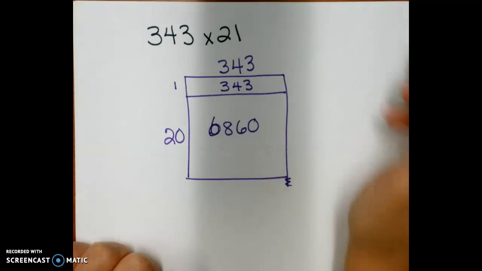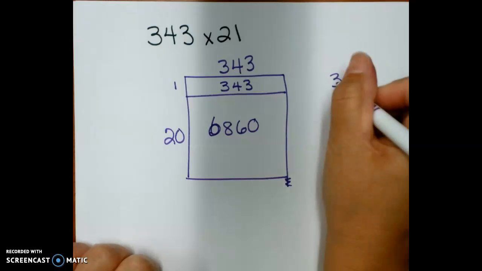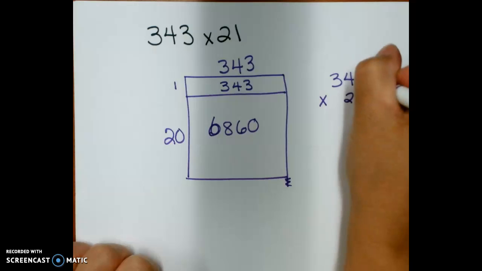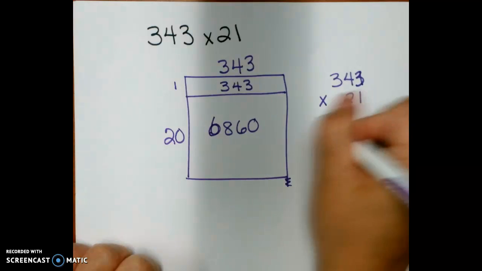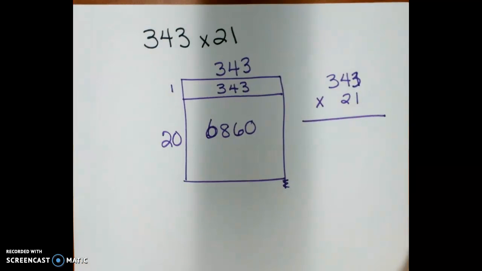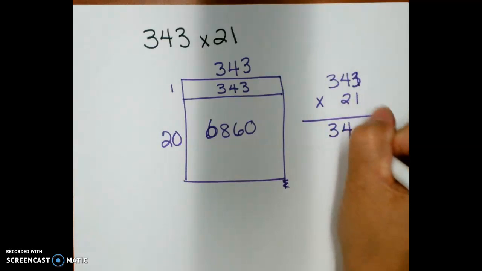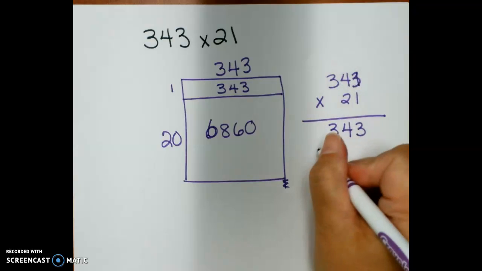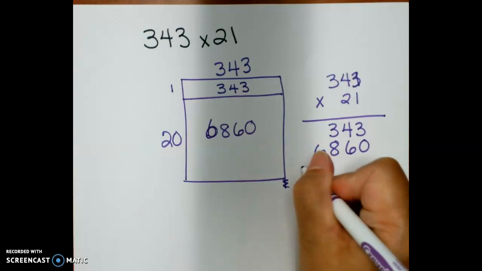Okay, let's look at it in partial products, not standard algorithm. So, 343 times 21. 343 times 1 is 343. 20 times 343 is 6,860.